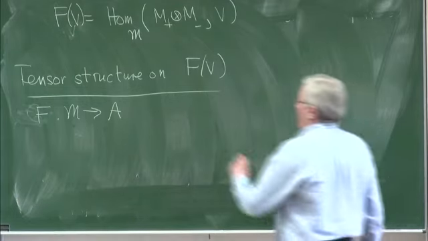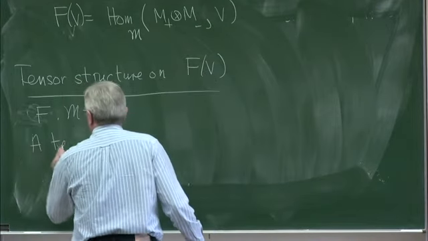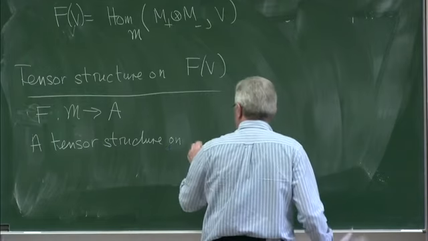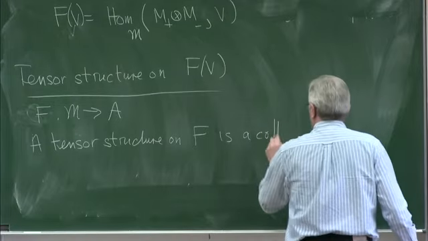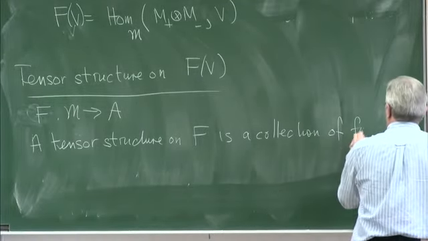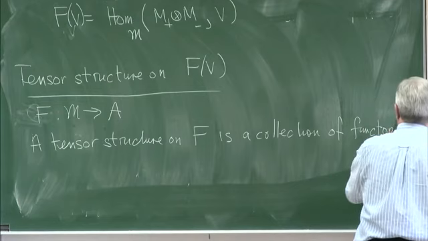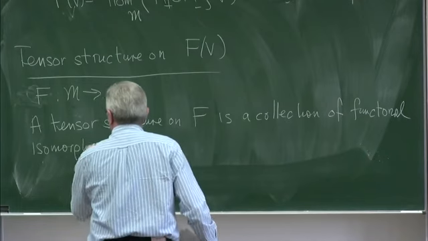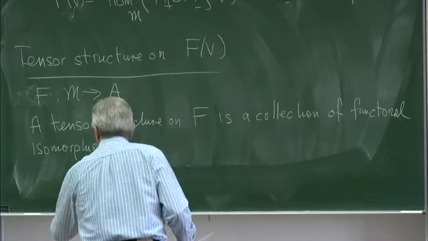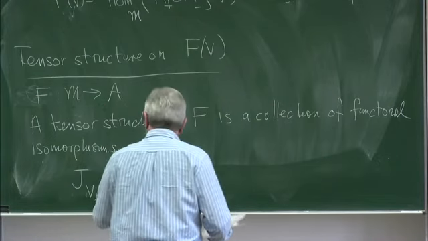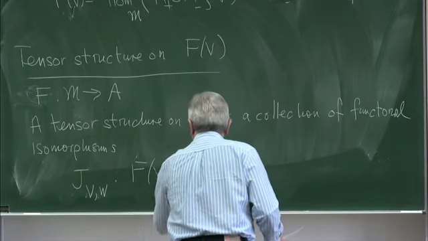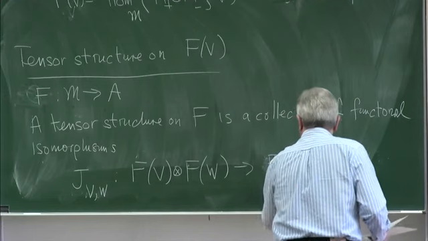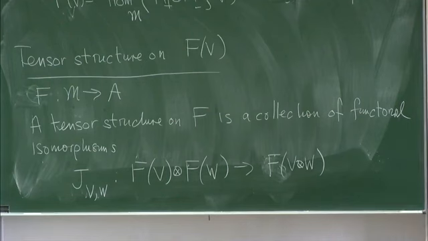So a tensor structure is a collection of functorial isomorphisms J, V, W from F of V tensor F of W into F of V tensor W. So we're playing the same game again.